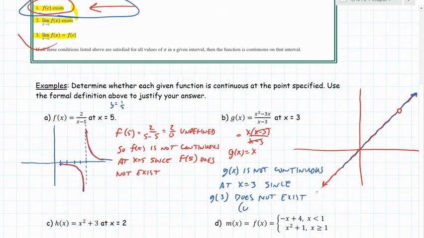It's undefined. And we see from the graph there is no point right there where the hole is at x equals 3. So this hole would be at the point 3, 3 on this graph.